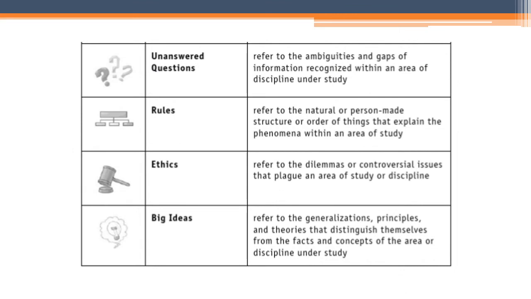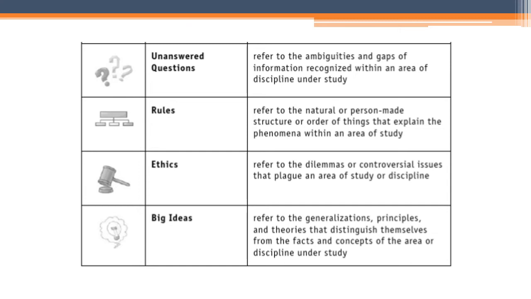Okay, next here we have unanswered questions. Oftentimes when gifted learners dig deeper, they have questions in mind. And when they are led to greater depth, they use this unanswered question strategy.